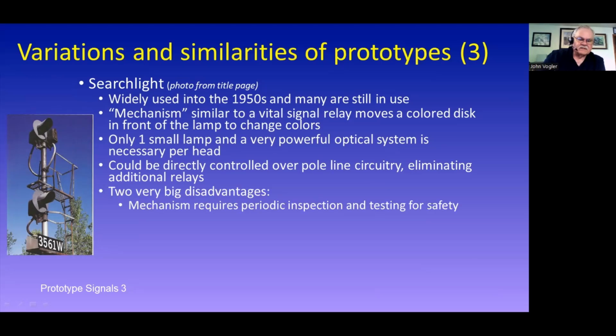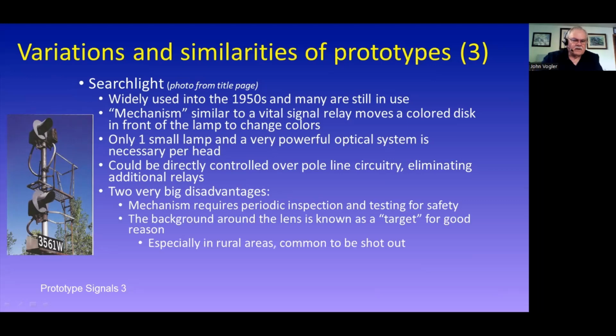However, two big disadvantages. Because it's a mechanism mounted up in the air and out in the open, it requires periodic inspection and testing to determine that it's operating safely. And the other major downside is that the target is known as a target for very good reason, because in rural areas especially, it's very, very common to have it shot out.